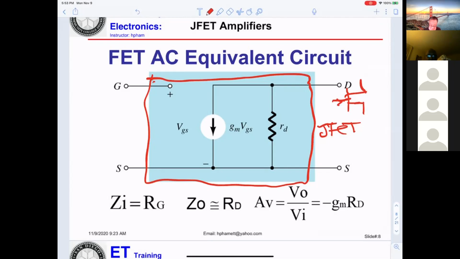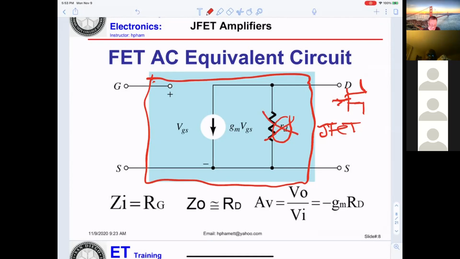So, small rd right here is the internal resistance of the JFET from the drain to the source. Normally it is a very big value, so in any calculation we ignore it.